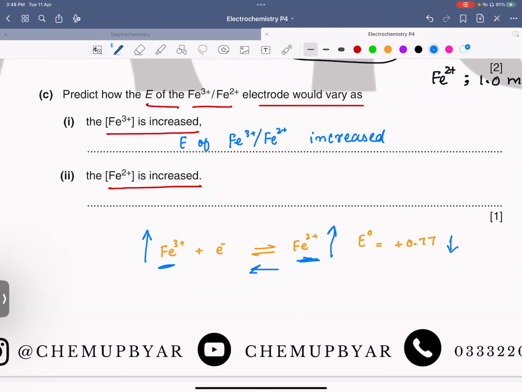So the E value decreases. E naught means the standard conditions; we are talking about a non-standard condition. So E of Fe3+, Fe2+ decreases on increasing the concentration of Fe2+ ions. Is this understandable?